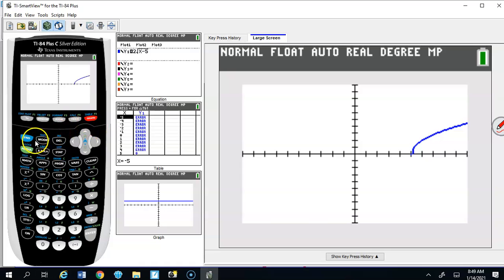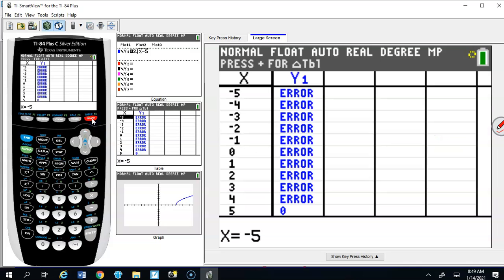But what I want to do is use my table function. So I'm going to go second graph here, which allows me to see a table, okay? So notice here when these numbers are in here, we've got errors, errors, errors. And the reason there are errors there is because we can't have a negative number or a number less than 5 up there. So what I want to do right now is go in and change my table.